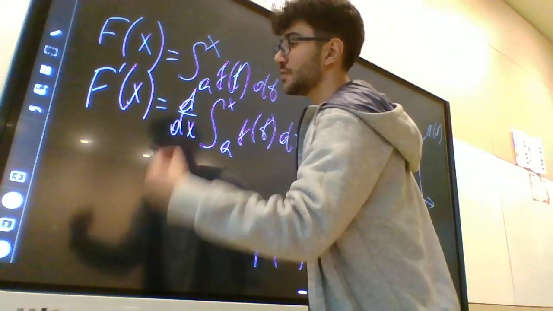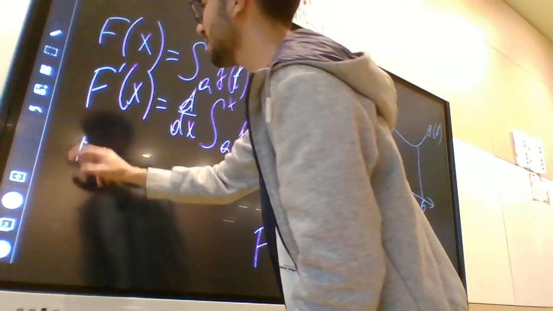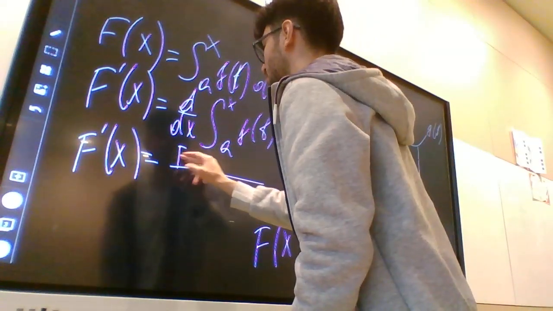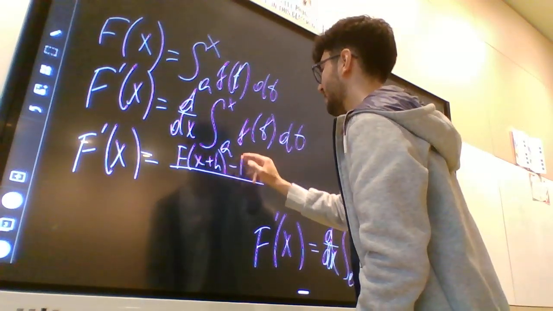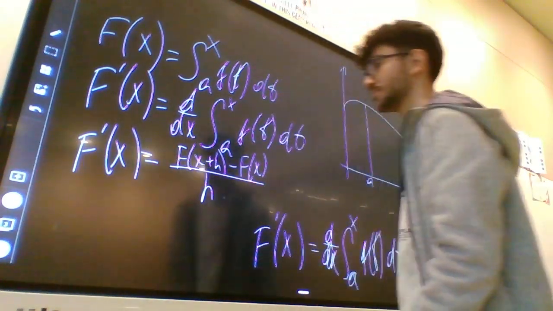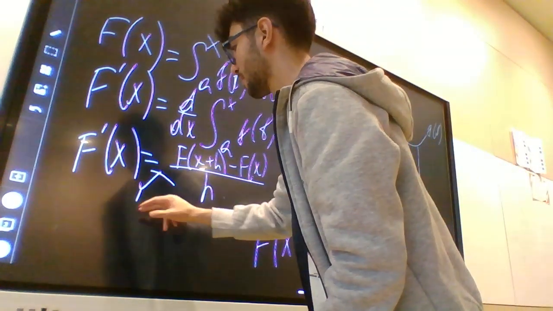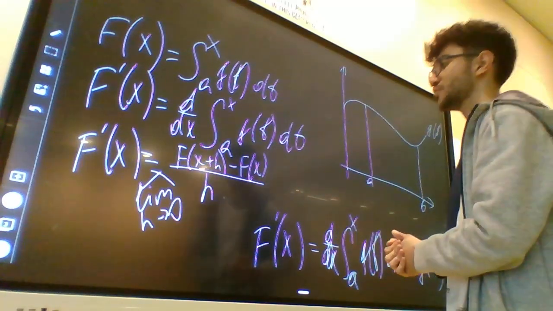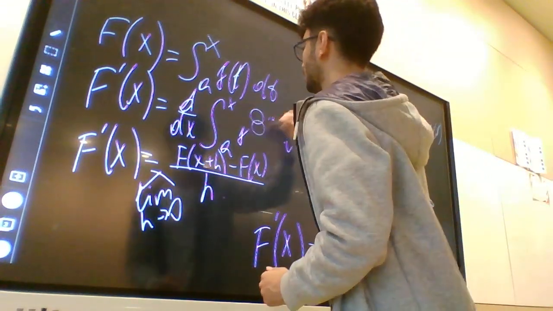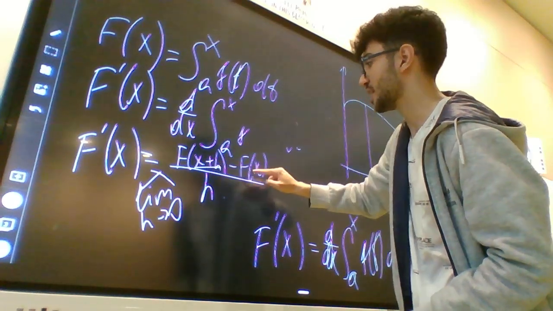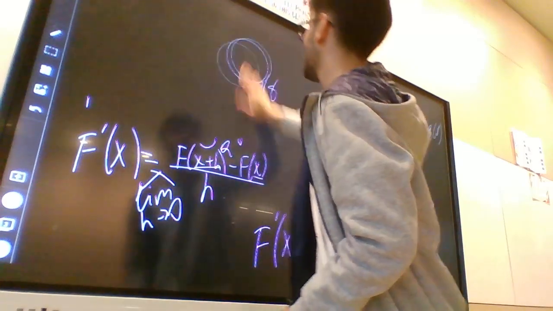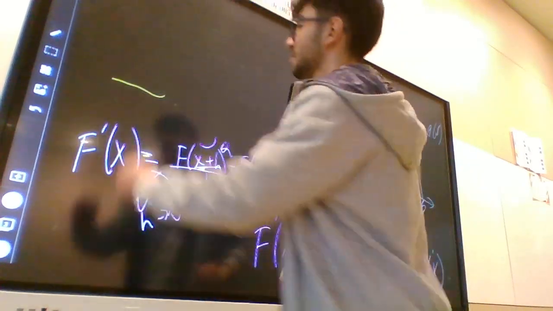From the previous lesson, from the definition of derivative, you know that we can write this derivative of F(x) with this formula: F(x+h) minus F(x), divided by h. Yes? And we have a limit here also, limit h going to 0. Yes? We can write this this way. So, if we put x plus h and x instead of this x, we will get this new formula, which I write with another color.